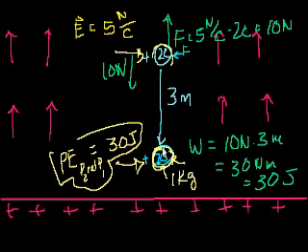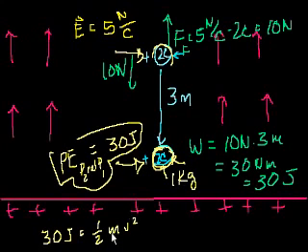So we know that the electric field is going to accelerate it upwards, right? It's going to exert an upward force of 5 newtons per coulomb, and the thing's going to keep accelerating until it gets to this point, right? What's its velocity going to be at that point? Well, all of this electrical potential energy is going to be converted to kinetic energy. So essentially, we have 30 joules is going to be equal to 1/2 mv squared, right?